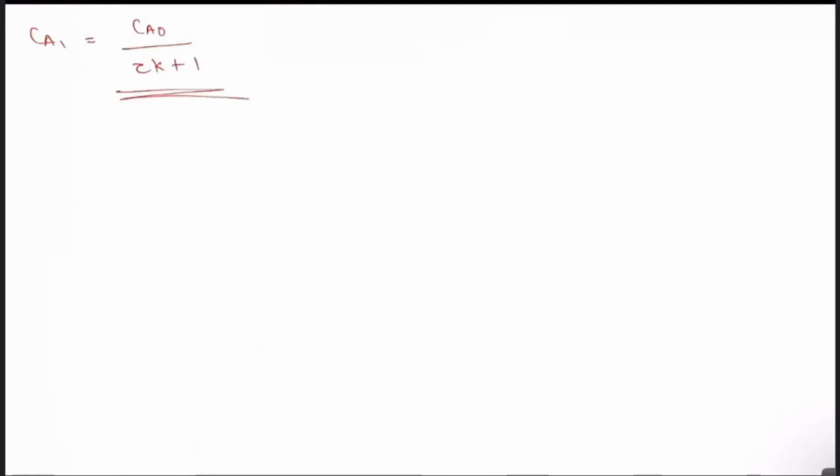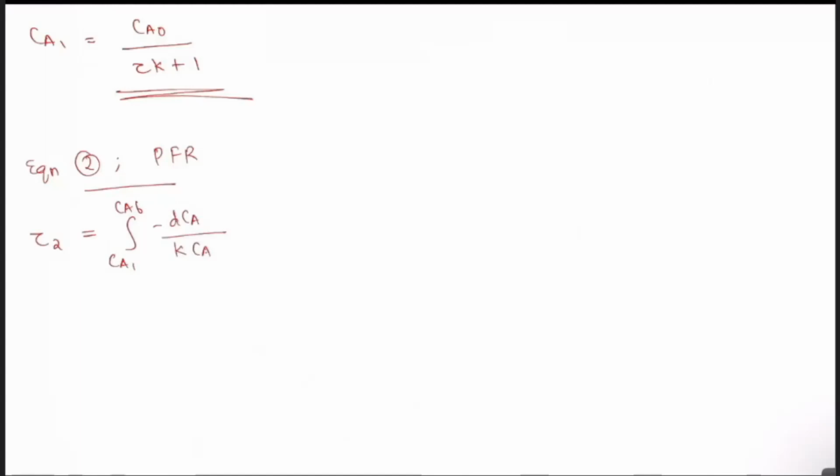Right. Now we go for equation 2 with respect to PFR. So for PFR we wrote that tau2 is equal to integral of CA1 to CAF of minus dCA by k CA.